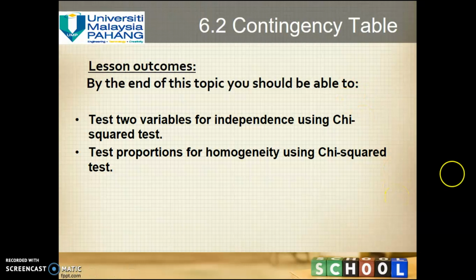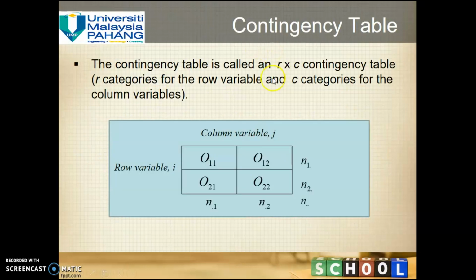So what is a contingency table? It is data that is a combination of a row variable and a column variable. A contingency table is called an R times C contingency table.